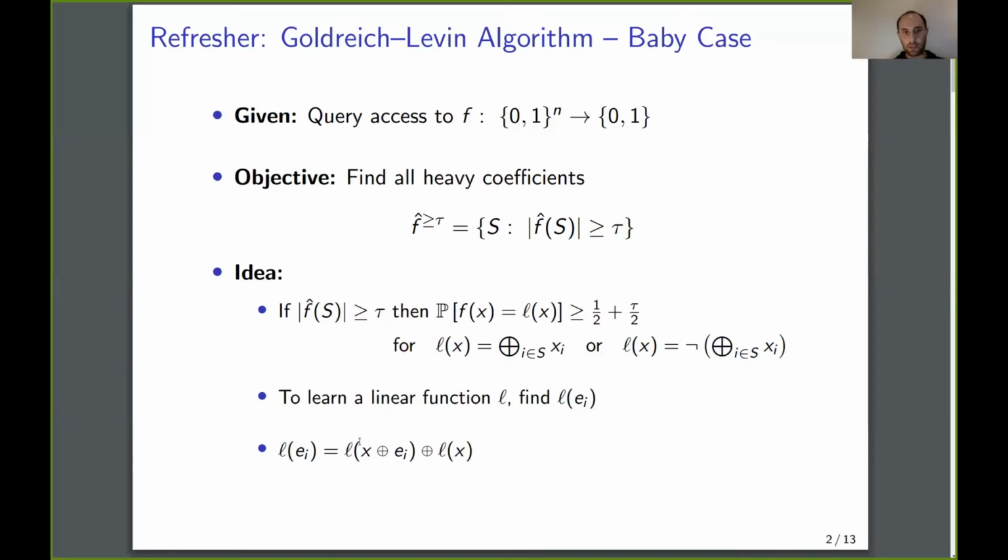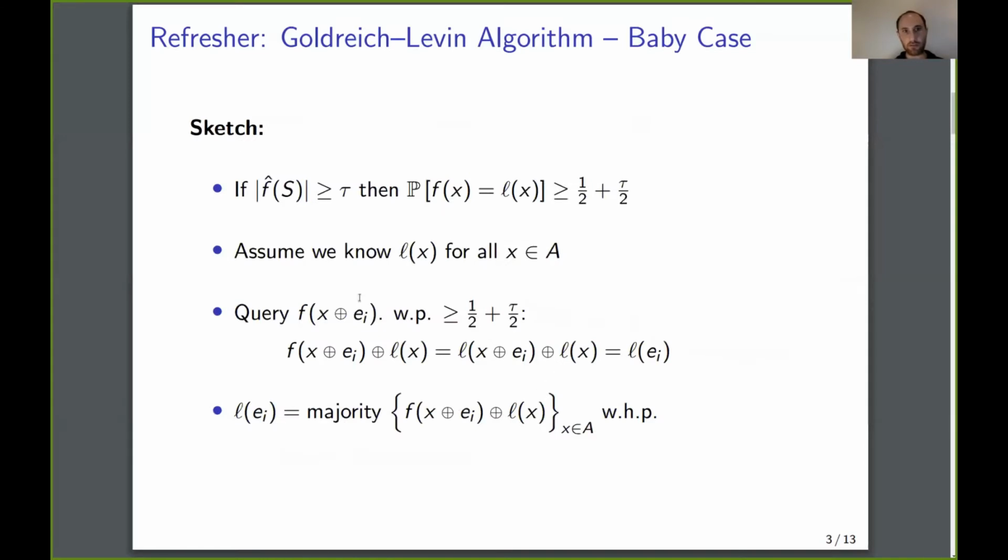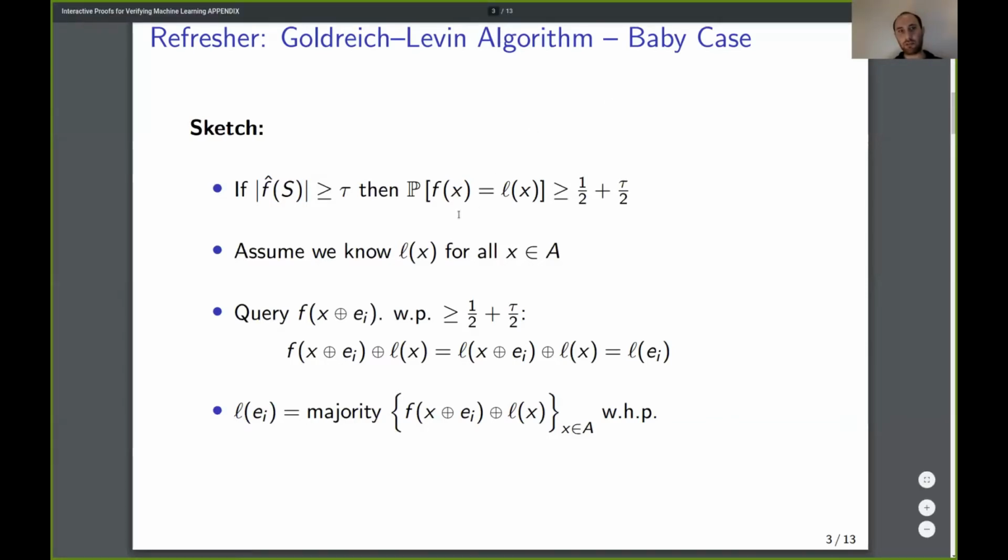So we're going to use this equality, and the way we do it is the following. Like I said, if S is a heavy coefficient, then f is correlated with L. Now what the algorithm does is it assumes, and I'm starting with a baby case of the Goldreich-Levin algorithm where it makes this additional assumption, and later on we're going to remove this additional assumption.